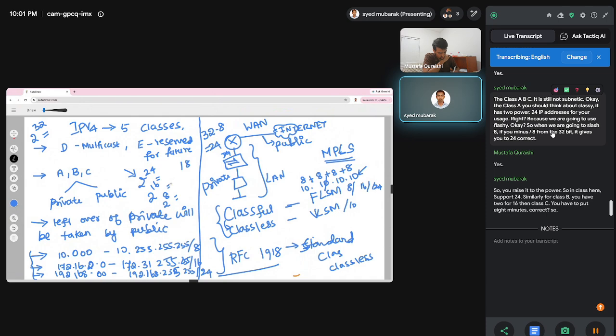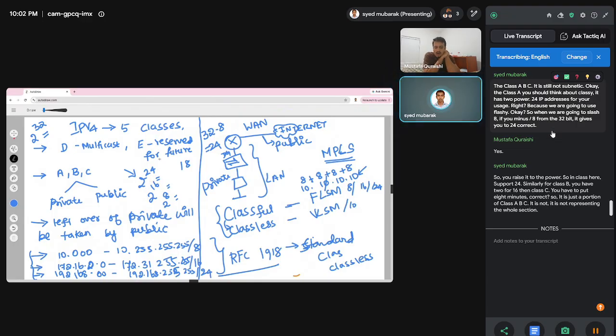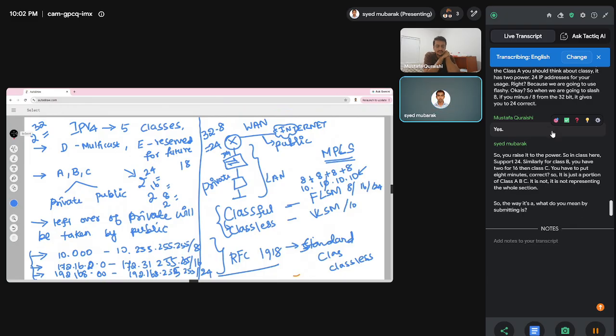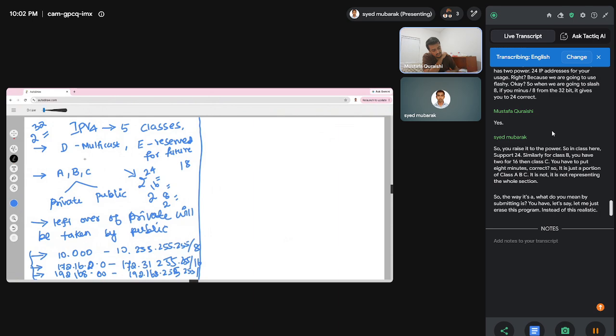So it is just a portion of class A, B, C. It is not representing the whole section. What I mean by subnetting is, let me erase this diagram.